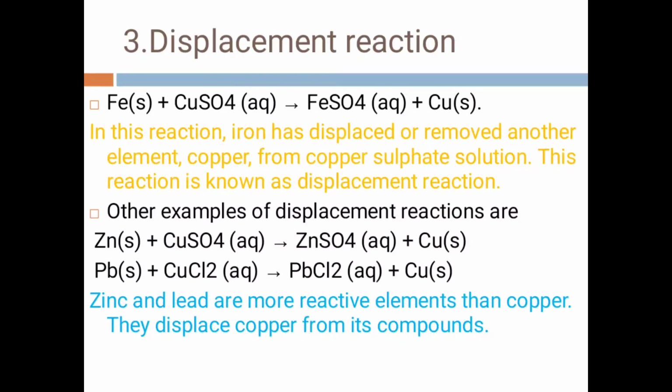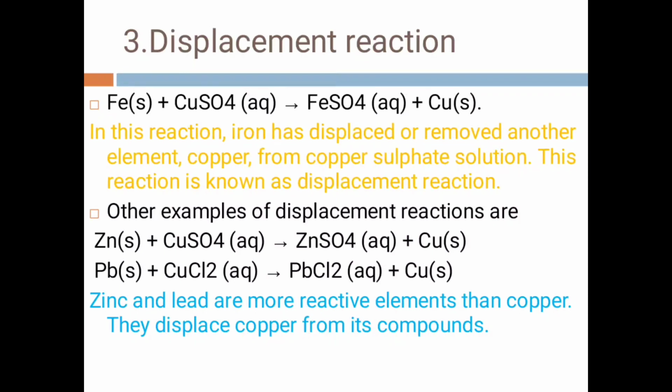Now there are more examples, wherein the first one is Zn plus CuSO4 getting converted into ZnSO4 plus Cu, Pb plus CuCl2 getting converted into PbCl2 plus Cu. Now what is happening is that zinc and lead are able to replace copper in CuSO4 and CuCl2.